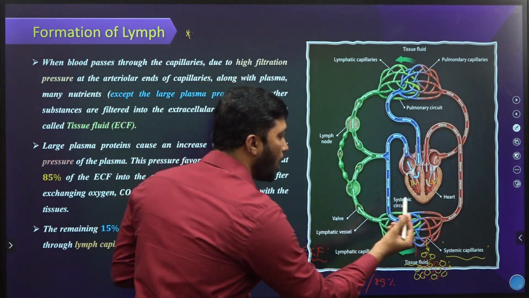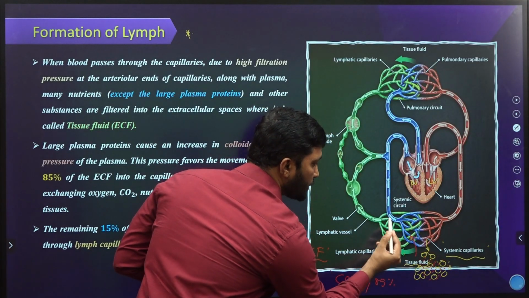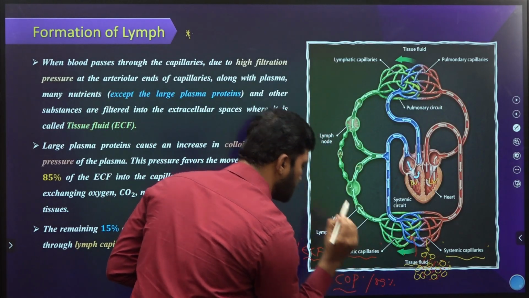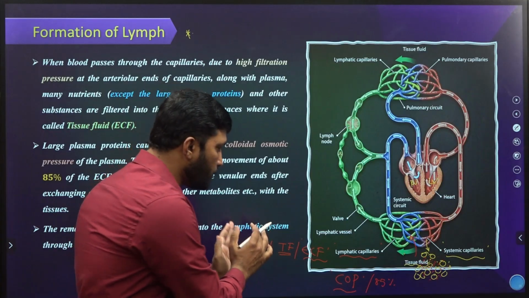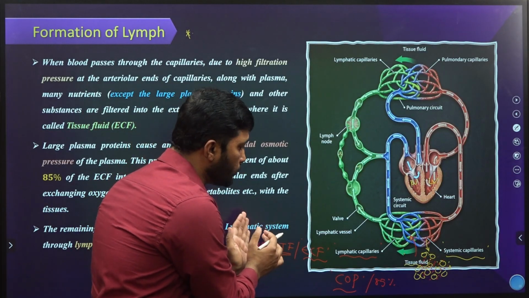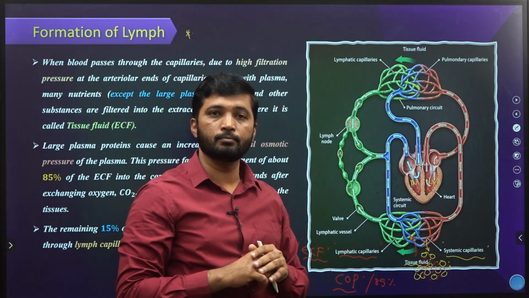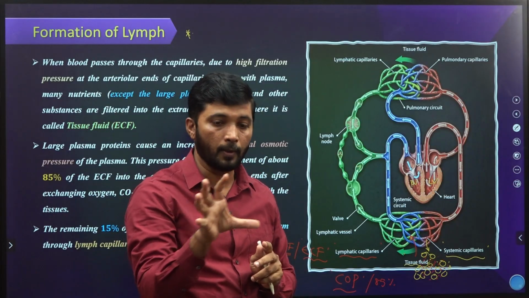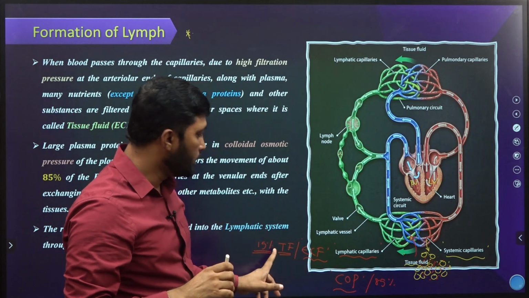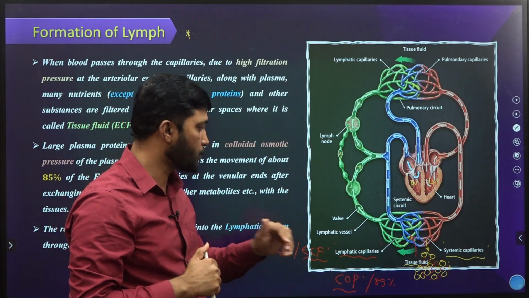In between the arterial and the venous capillaries, other capillaries are present, that is the lymph capillaries. So the remaining 15% of the tissue fluid is absorbed into the lymph capillaries. Lymph capillaries are closed tubules, ready to absorb tissue fluid. That is the 15% of the tissue fluid captured.